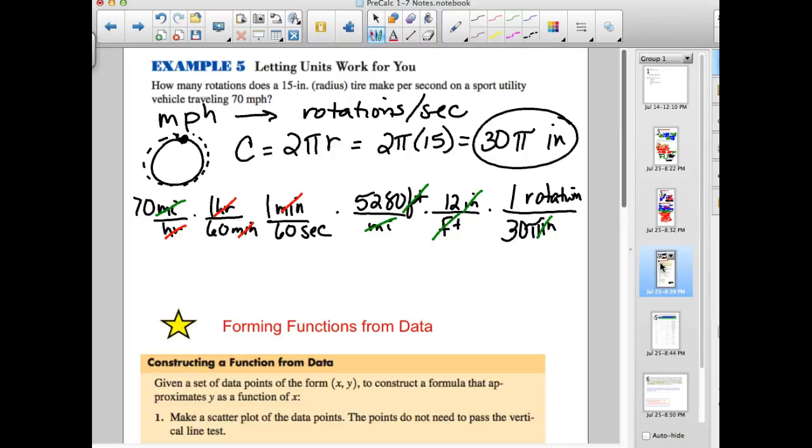So now it's just a matter of typing all that in your calculator. Be careful here. It's really common for students to say, I'm going to divide by 30 and then multiply by pi, but multiplying by pi makes it as if the pi is on top. So put this in parentheses.